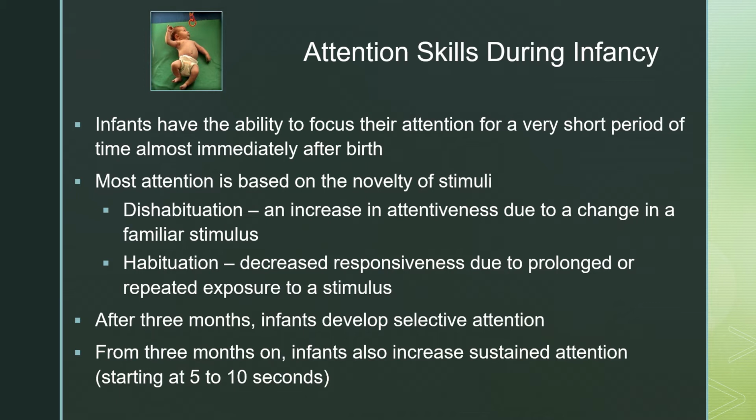At about 3 months, though, infants start to develop what we call selective attention, where they might not be able to control what it is they're paying attention to, but they can block out some things that are distracting them. This selective attention is limited. It's not really powerful because the executive attention skill isn't there.